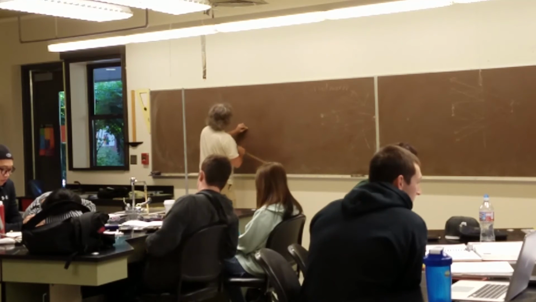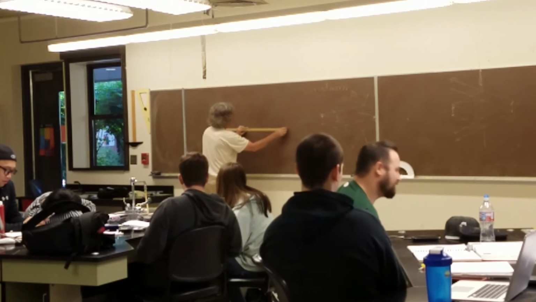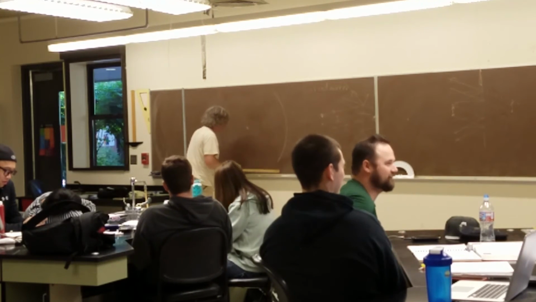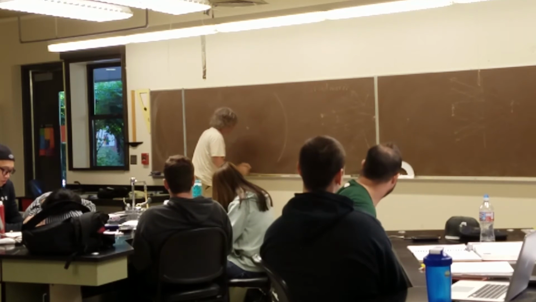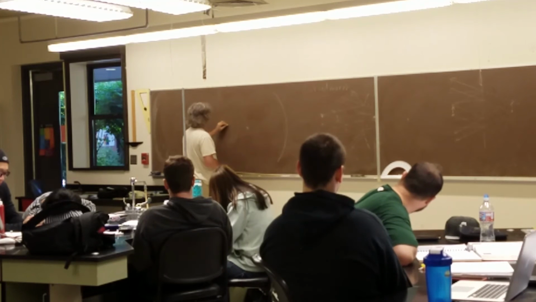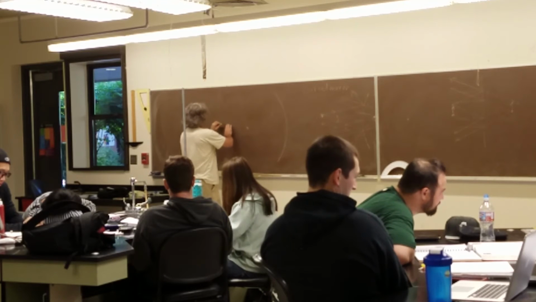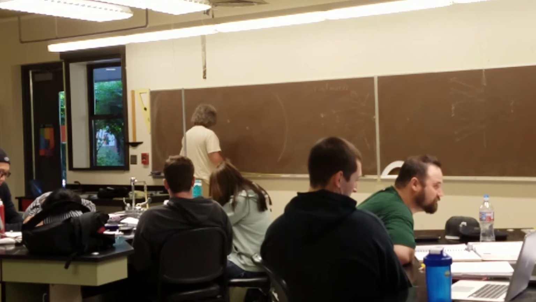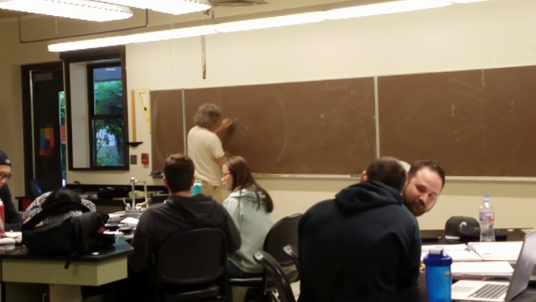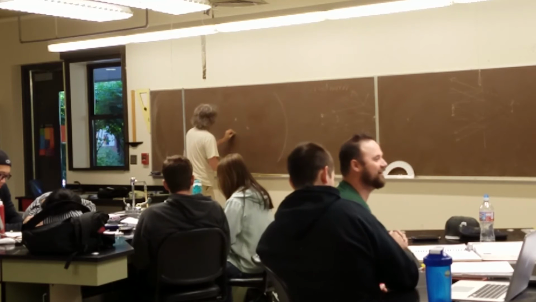I'm going to say my center of curvature is here, and okay, there's my mirror, and I'm going to draw an object, say back here. Something like this, and we'll do this one in green, something like this.